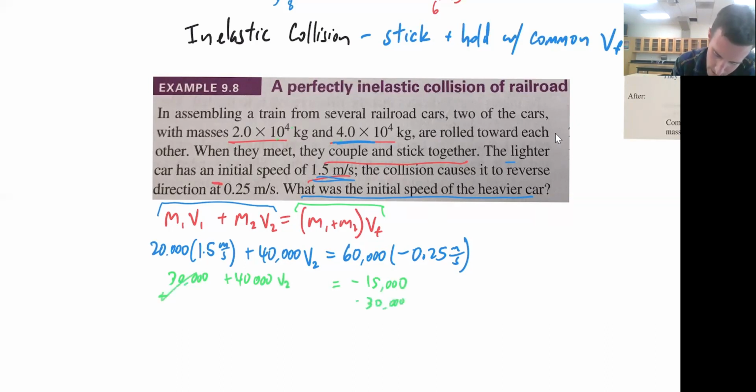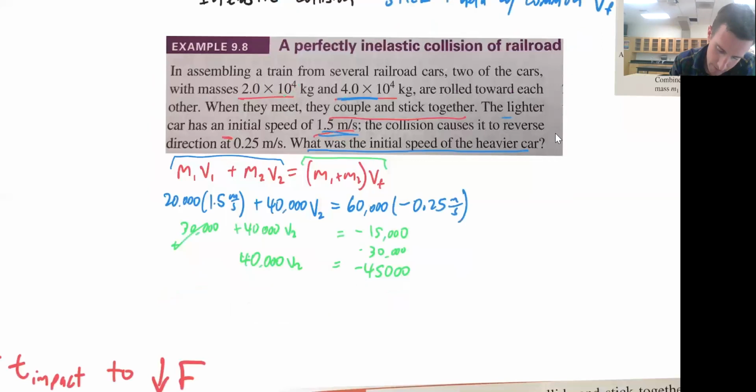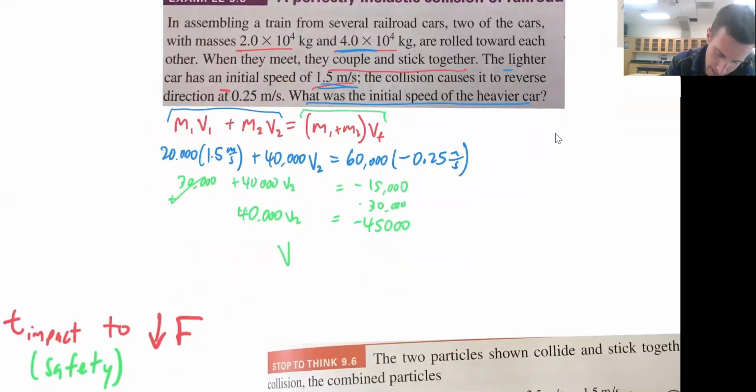Go away, and I end up with 40,000 V2 equals -45,000. Divide both sides by 40,000. So that's 45 divided by 40, or 1.125.